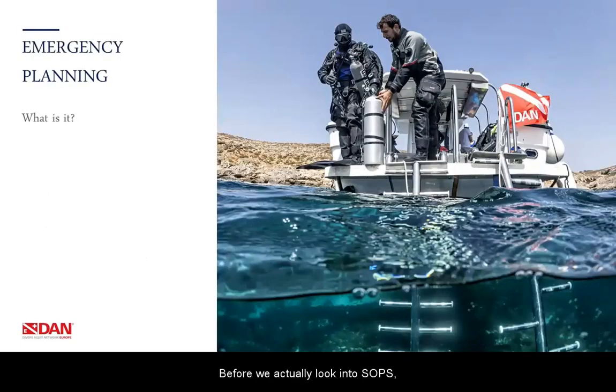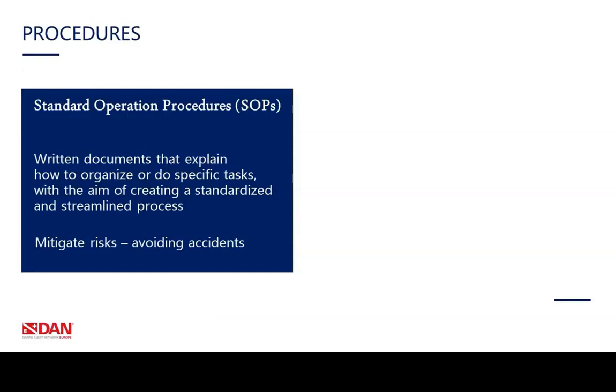Before we actually look into SOPs, let us stop for a brief moment and look at emergency planning. Emergency planning is, in a few words, all kinds of planning one should do to be prepared in case of emergency, or steps that need to be done to avoid an emergency from happening in the first place.